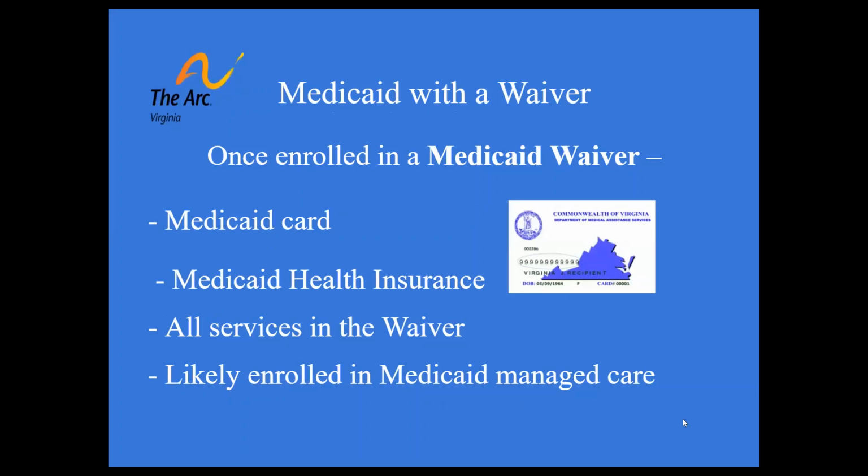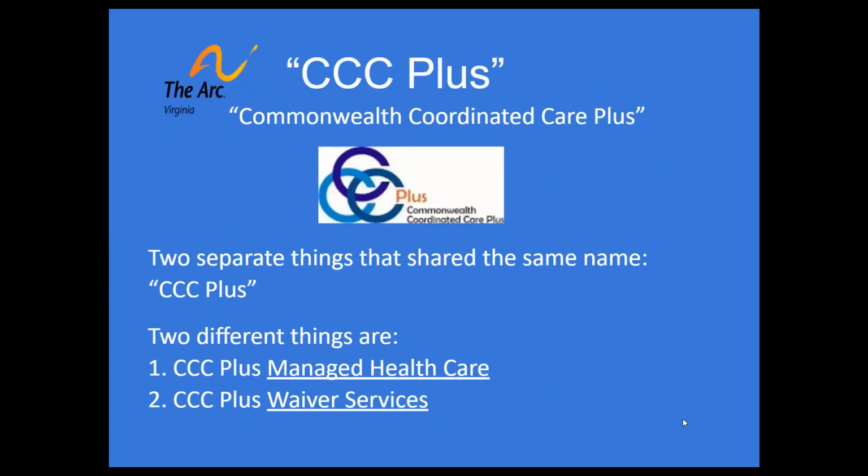They will have a Medicaid card. They will have Medicaid health insurance. They are eligible for all the services in the waiver. Most people will be enrolled into a Medicaid managed care program. Virginia's Medicaid managed care program is called CCC Plus, or Commonwealth Coordinated Care Plus.